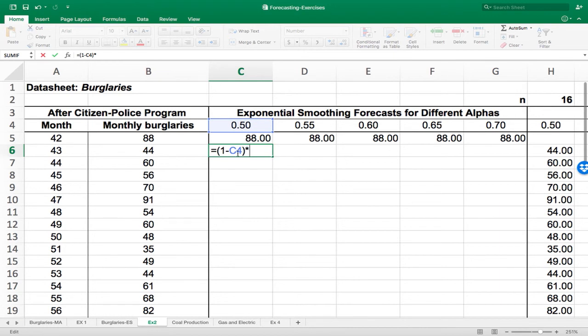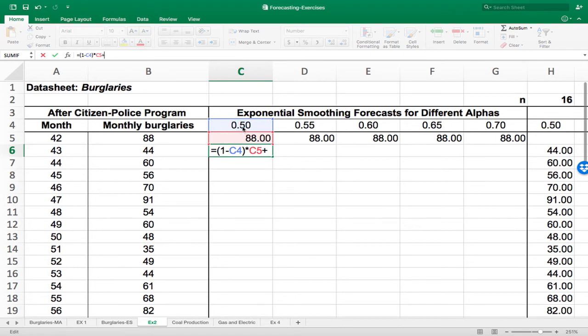Okay, let's keep going. So the formula is 1 minus alpha. Alpha is stored here at C4, times our previously made forecast F(t), in this case F42, which is 88. It is stored right here. I'll select that. Okay, plus alpha times A(t). Alpha times my actual observation in this time period.